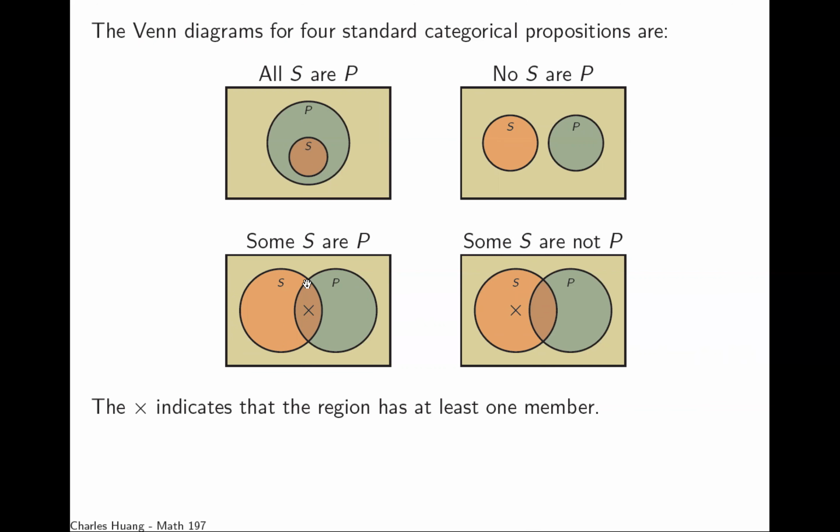Someone that is both a student and a Canadian at the same time. To show that some students are not Canadian, we want to show that we have some students in the student circle, but not in the Canadian circle. So we would put our X in a slightly different position over here.